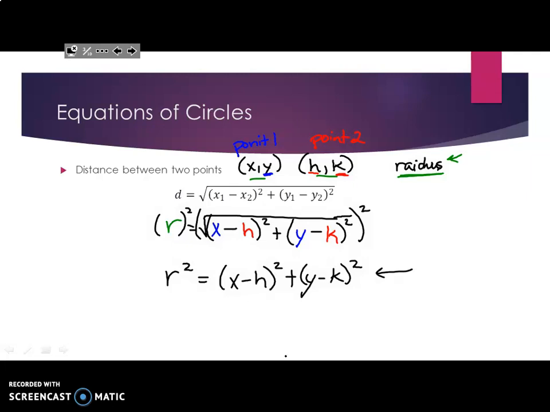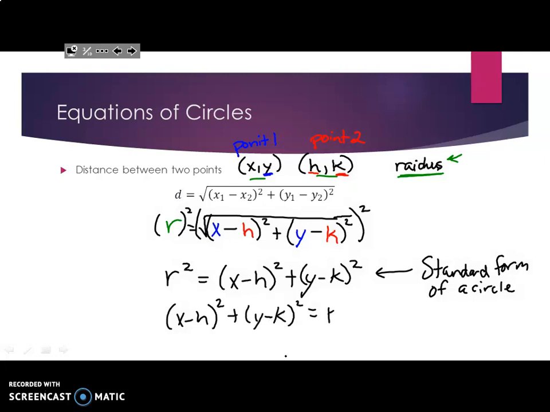And that right there is the standard form of a circle. Okay? You guys will also see it written as x minus h squared plus y minus k squared equals r squared. So, it really doesn't matter which side the r is on, but both of those are going to be your standard form of a circle.